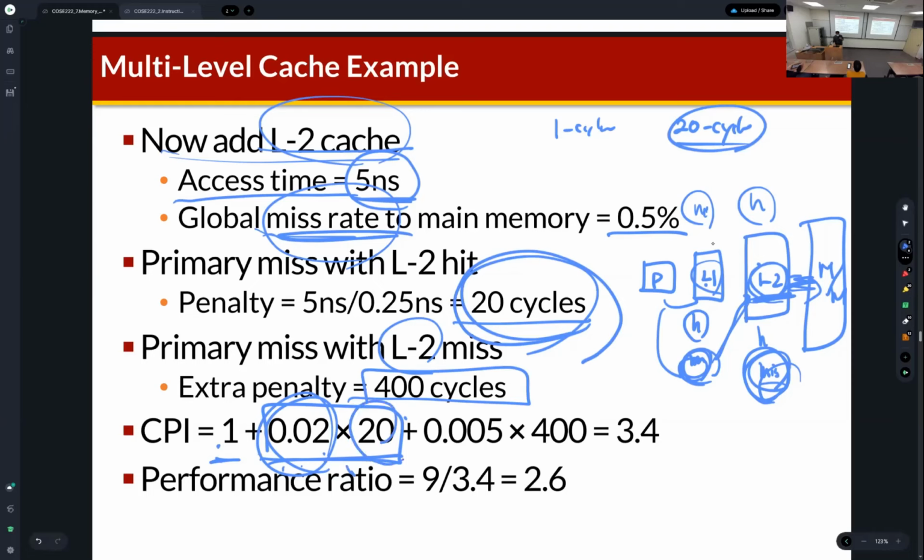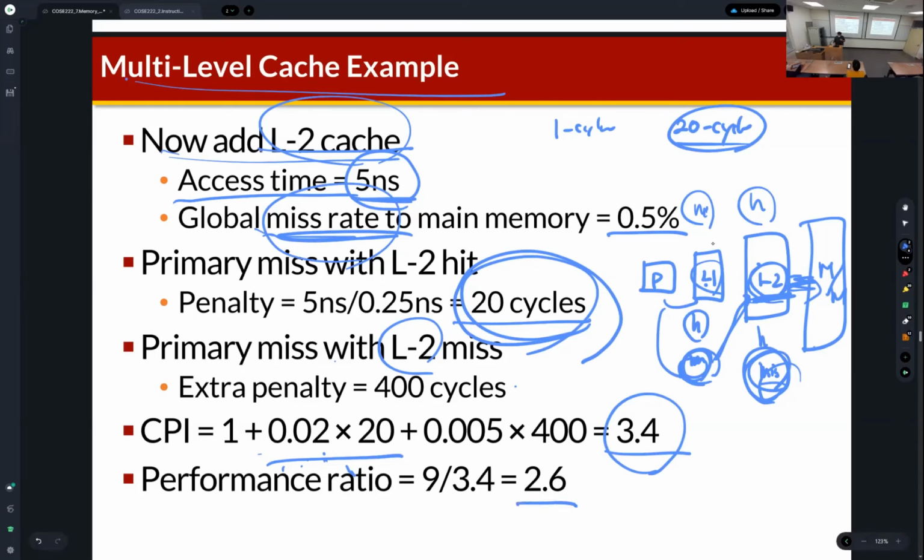And then there is an additional miss penalty from L2, caused by the main memory. So this is the effective CPI for the multi-level cache. It's 3.4.